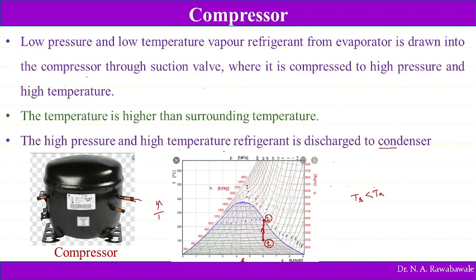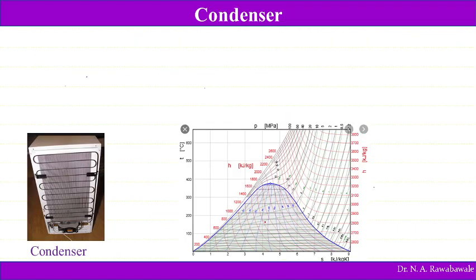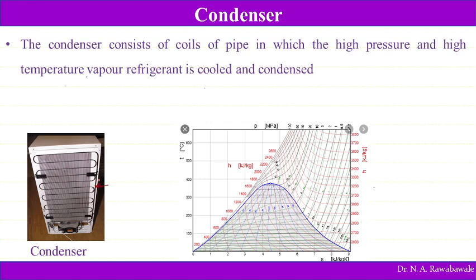The condenser, which we generally find at the back side of a refrigerator, is a tubular section through which vapor refrigerant is passed, which has higher temperature than the surrounding temperature.